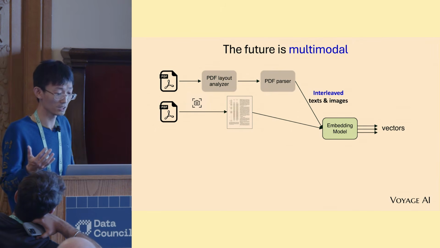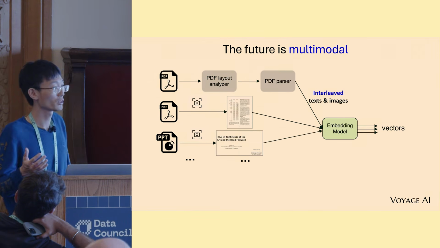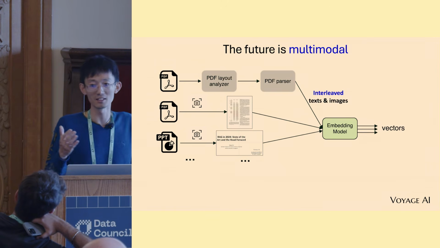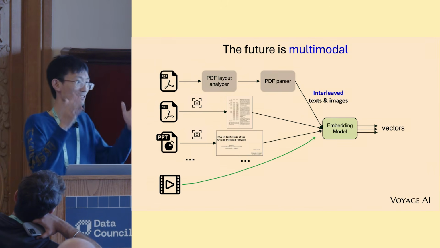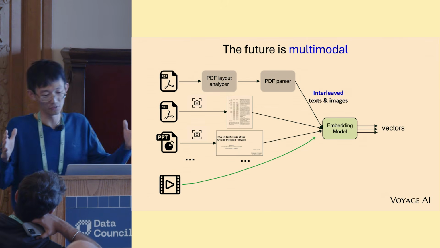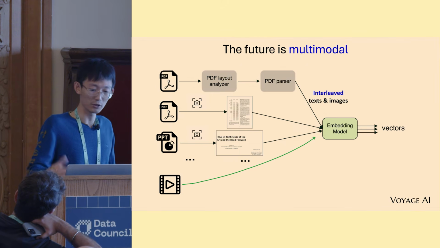And if screenshots are good, you can do many things. You can take a screenshot of a slide stack, or of anything that people see. You can even take videos, because you can take a sequence of frames and give it to the embedding model. That will dramatically simplify this pipeline.